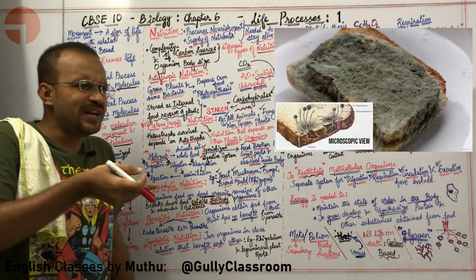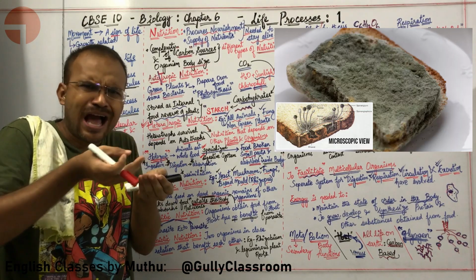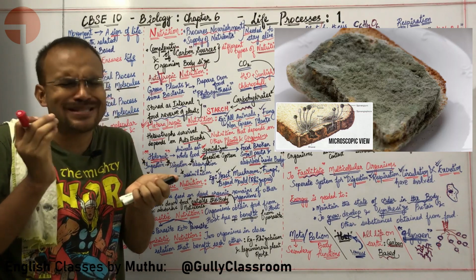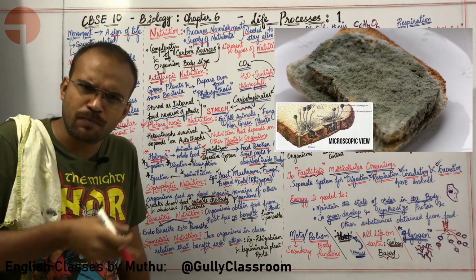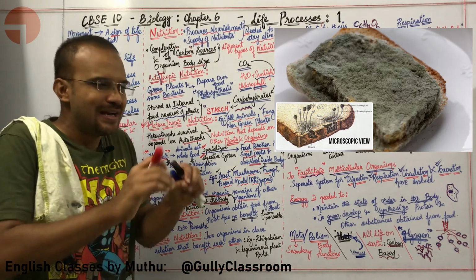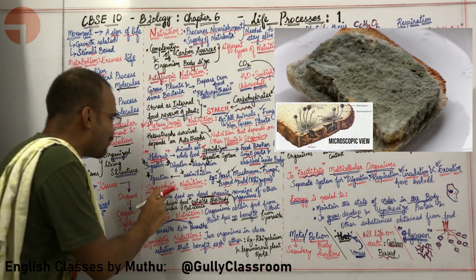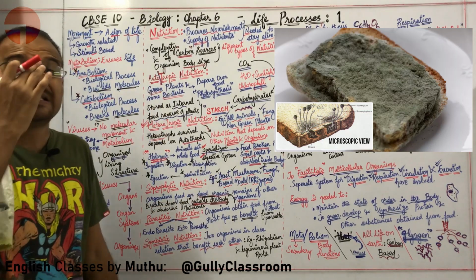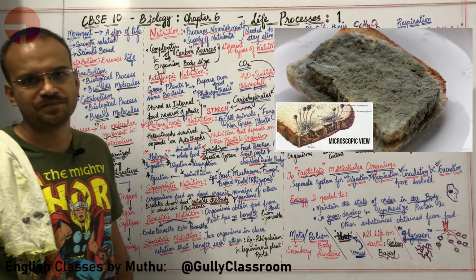How? When bread mold is growing, have you noticed a very rancid smell, a very bad smell coming from the rhizopus? Yes, sir. That is happening because digestion in bread molds or rhizopus is actually happening outside the body.